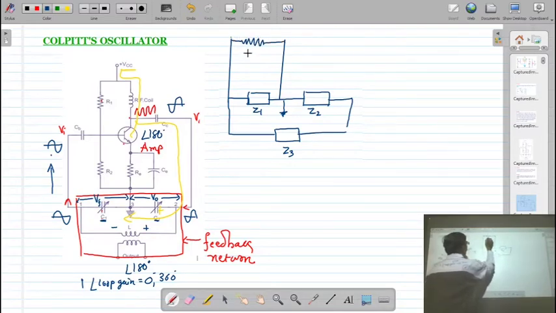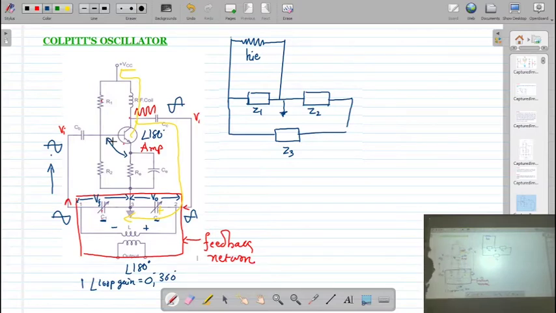This is the hie. What is hie? It is the input resistance of the transistor, the resistance between the base and emitter of the transistor. Then whatever the transistor amplifies is represented as a current source.